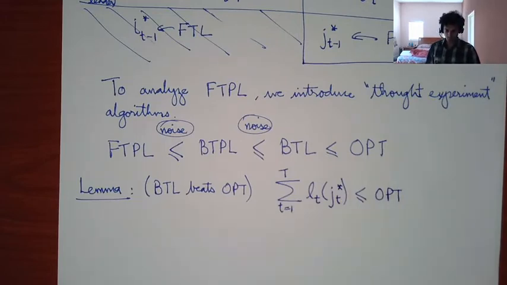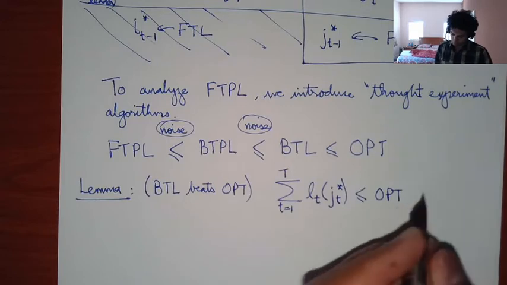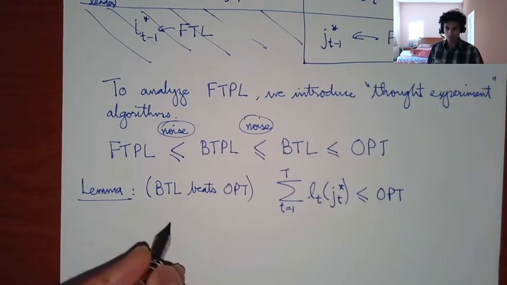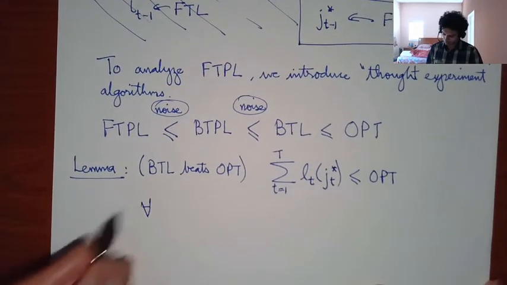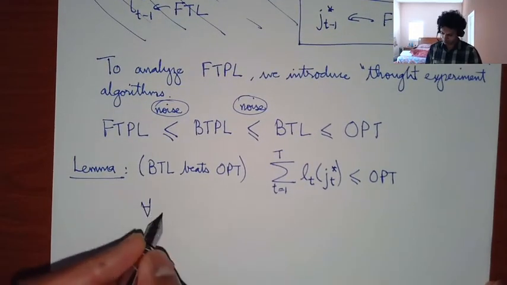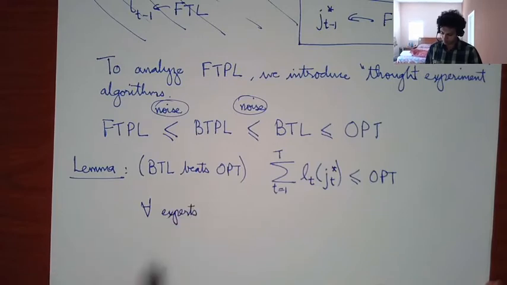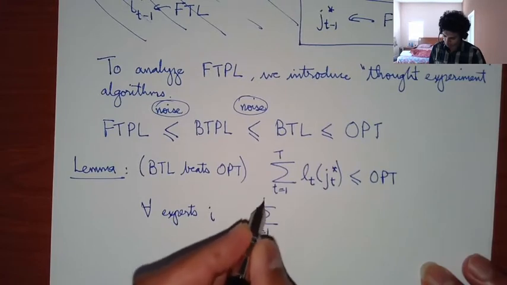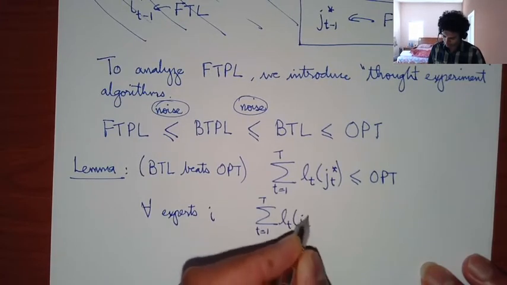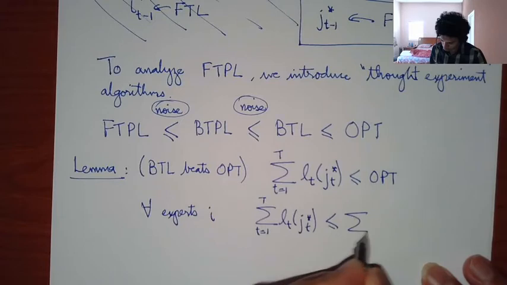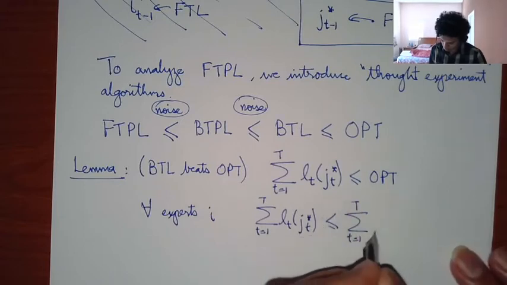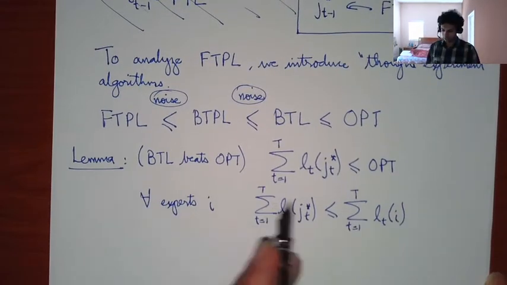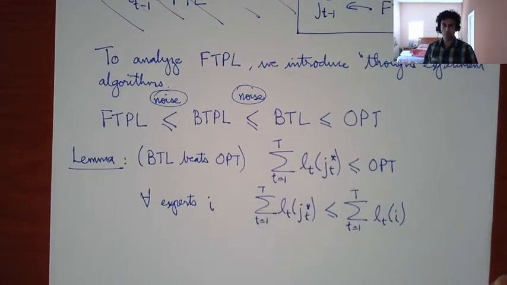Another way of writing this, which is going to be more convenient, is that for all experts i, the summation of t going from 1 to T of L_t of J_t star is at most the summation of t going from 1 to T of L_t of i. This is just saying that BTL is going to beat every expert in hindsight.